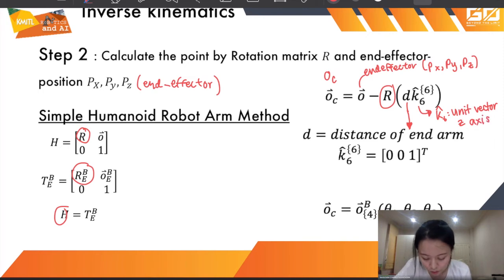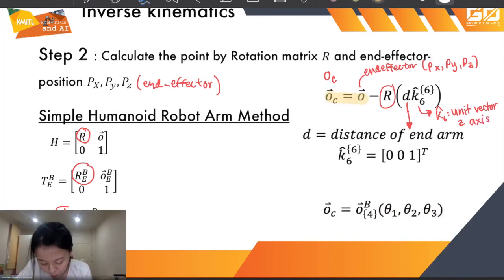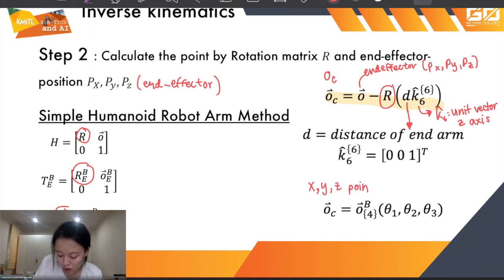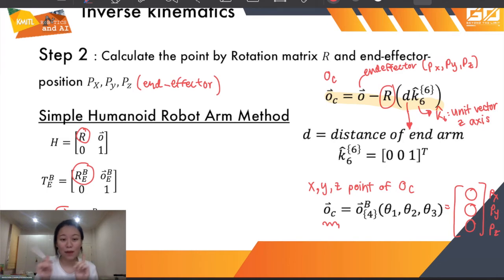From this equation, we will find the x, y, z point of OC. So if we calculate this, the output will be like this, so we can know the Px, Py, and Pz.